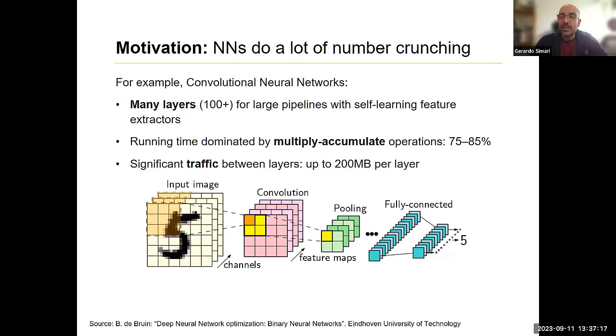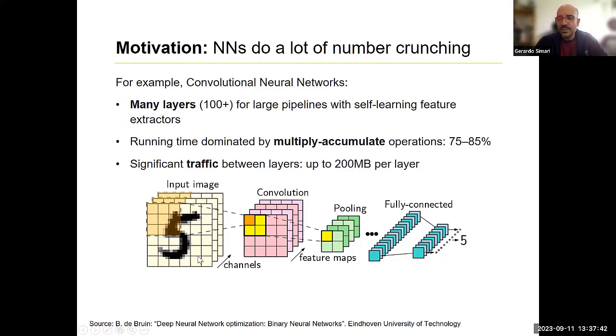Their running time is dominated by what's called multiply accumulate operations. It's around 75 to 85% can be assigned to these sorts of operations. We'll see what this means in just a second. And there's also significant traffic between layers, so you have to move up to 200 megabytes per layer easily.